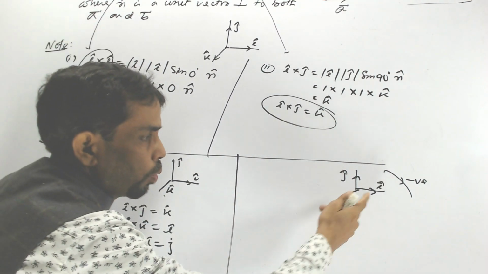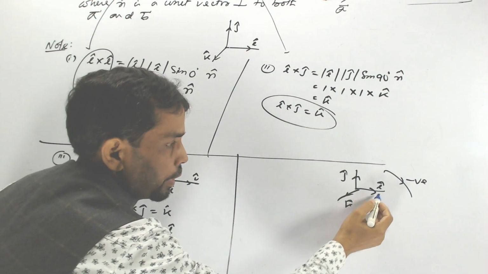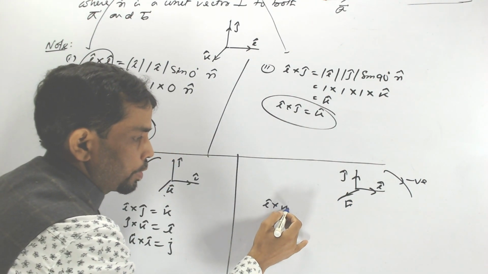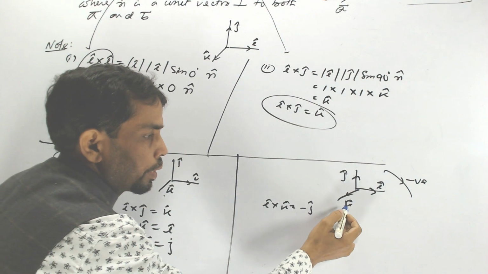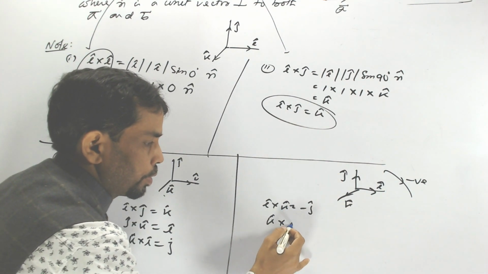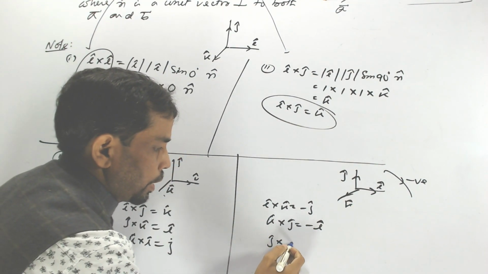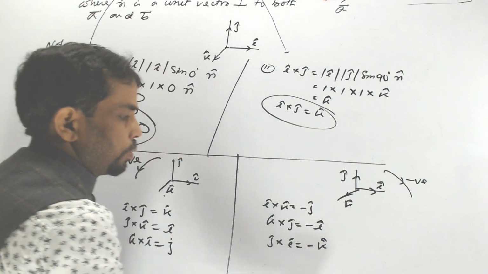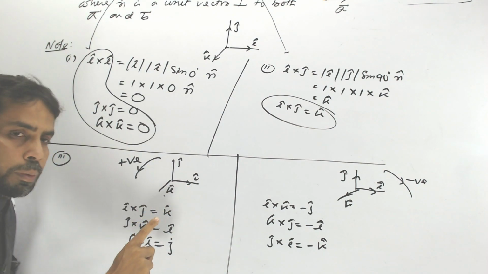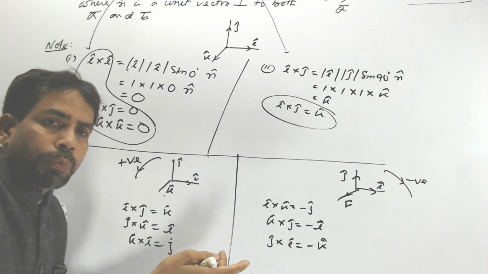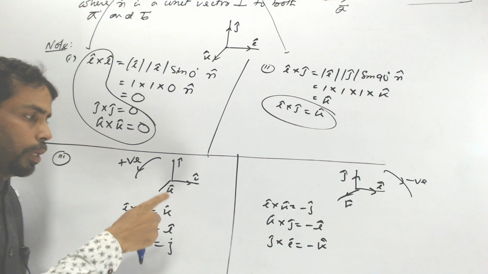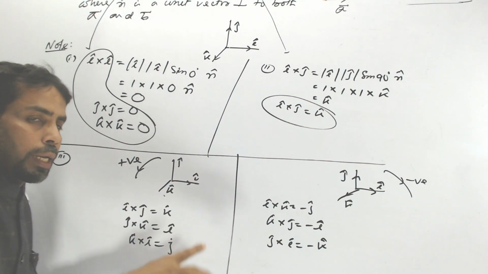And if I take the clockwise direction, we will get negative. Say i cross k will be equal to minus j. k cross j will be equal to minus i. j cross i is equal to minus k. So remember, when you take two different vectors from i, j, k, the cross product of any two is the third one. i, j is k, j, k is i, like that.